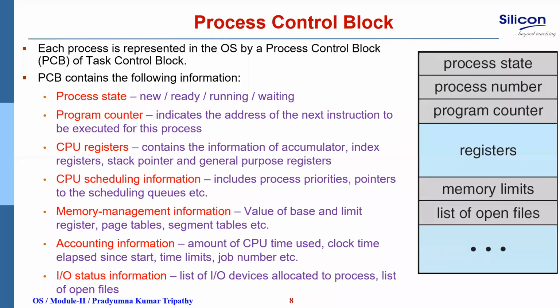Suppose a process has some child processes, then the addresses of those child processes are also kept. And if the process is created from another process, the address of the parent process is also kept. So everything related to that process is kept in a block, and that block is called the process control block.